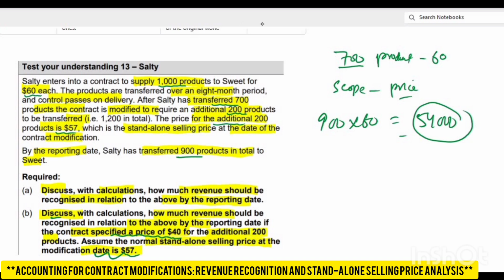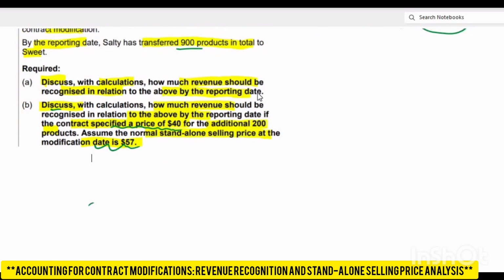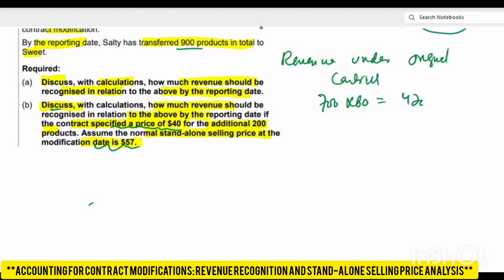Okay, so the revenue under the original contract will be 700 as already transferred, and the price was 60, so that will be 42,000.